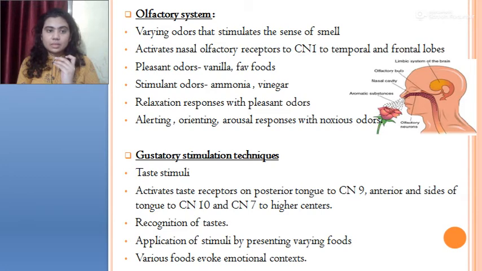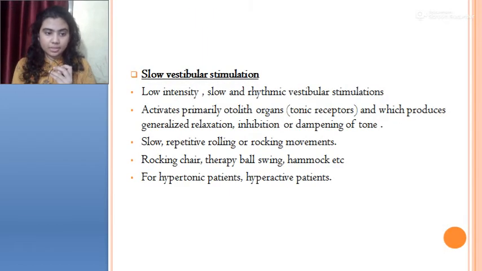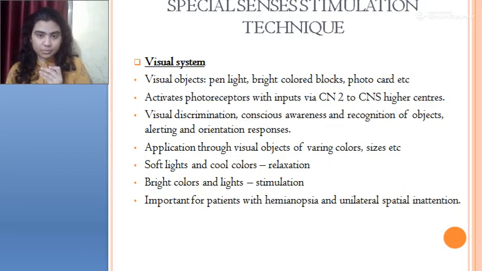So these are the spatial sense stimulation techniques. We always use these techniques in coma stimulation, because in that patient we use olfactory stimulation, as it has a direct connection to the temporal and frontal lobes. We use gustatory stimulation because of its connection with the limbic system, and we also utilize visual, vestibular, or auditory stimulation to make the patient attentive by stimulating the patient's response, right?